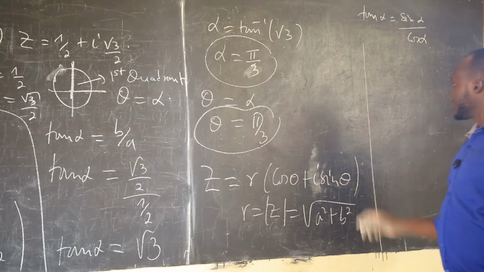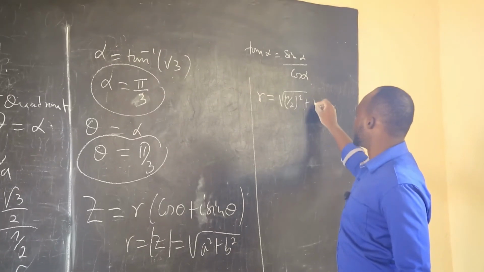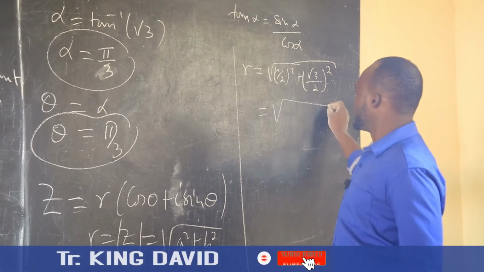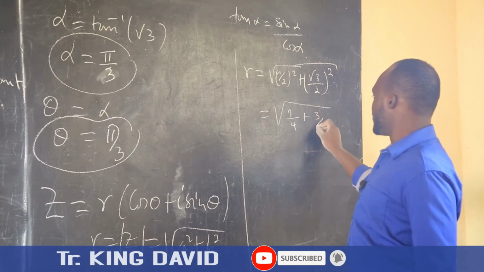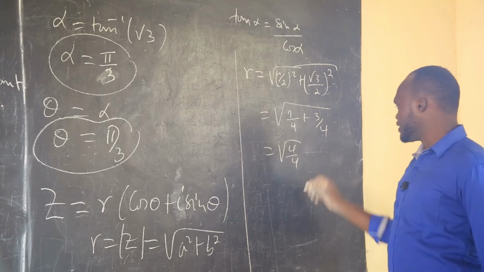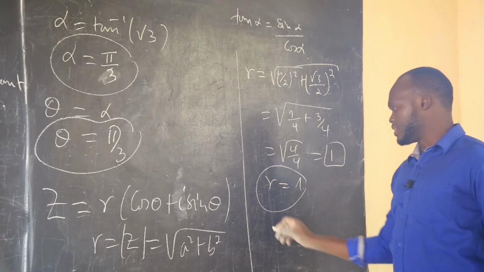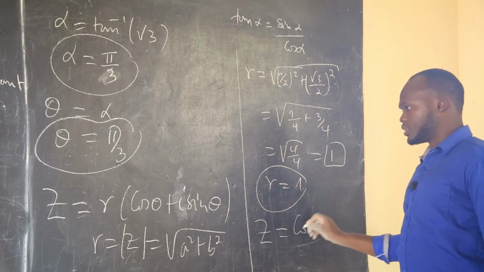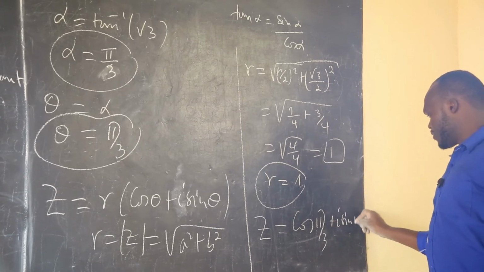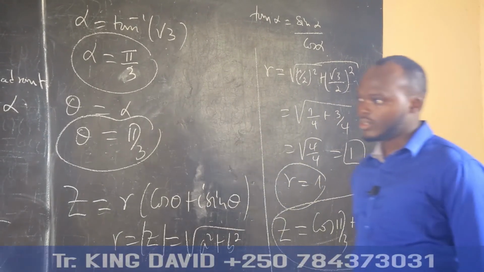So R is root of a half squared plus root 3 over 2 squared, which is 1 over 4 plus 3 over 4, root 4 over 4. The answer is 1. So R equals 1, which means that Z equals cos pi over 3 plus I sin pi over 3. That's the answer.